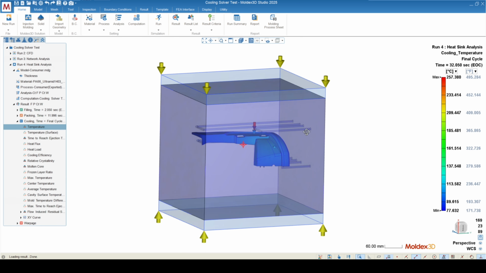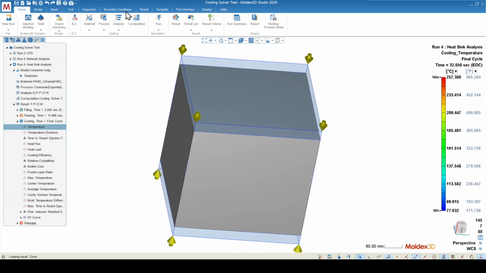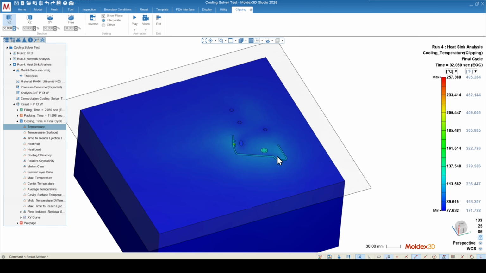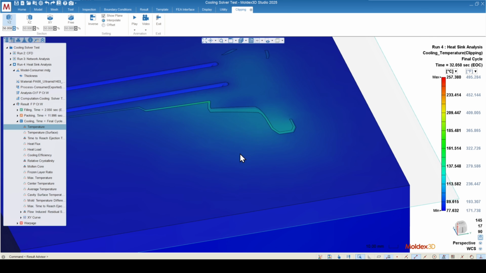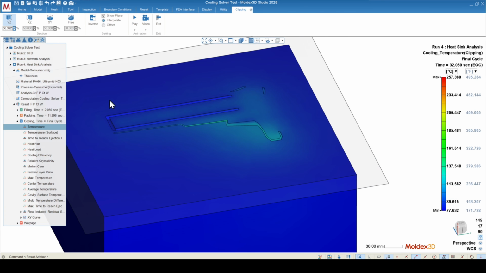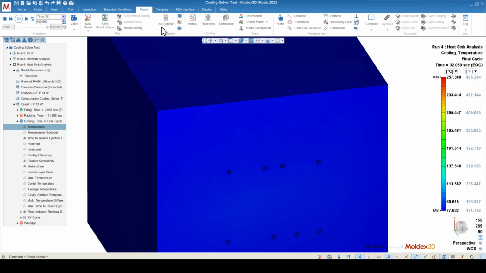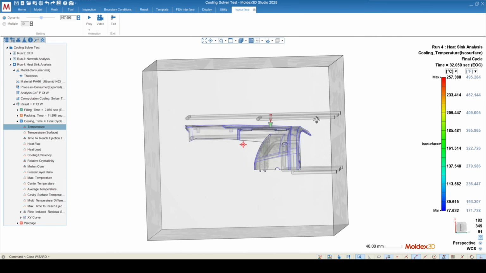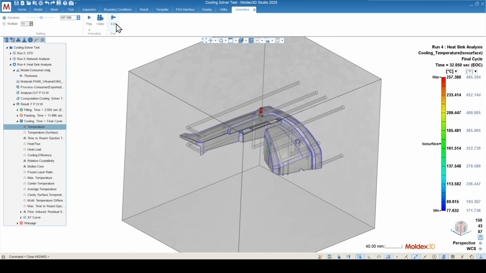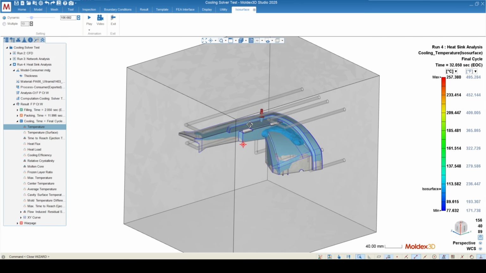If I were to look at temperature and I can take a slice through my mold, I can see that there is still, in fact, a distribution of temperature through my mold. And I could still use an isosurface tool to understand where the hot spots are. So all of this information is still available at your disposal, even through the heatsink analysis.